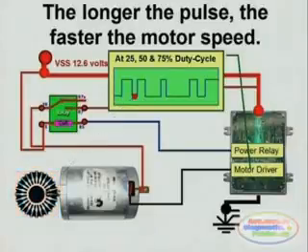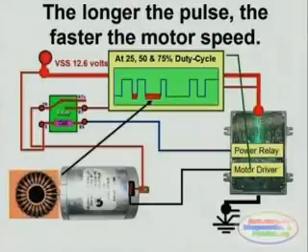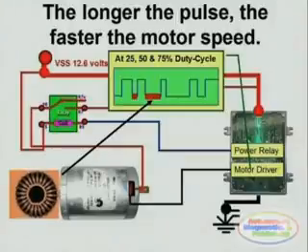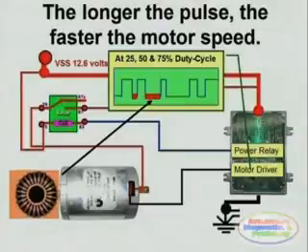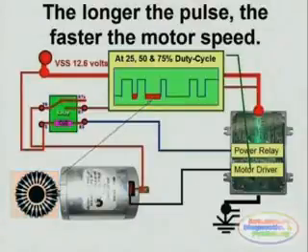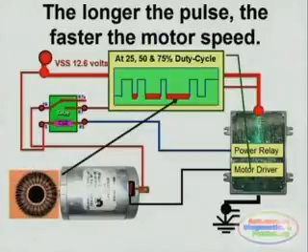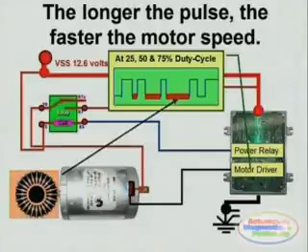Next, we see how the duty cycle increases and the motor turns faster. Remember that this is a repeatable wider pulse, and it is not repeated here in this diagram for sake of explanation. But the longer the pulse, and now we can see that the fuel pump is turning even faster. The longer the pulse, the more work that the component is going to perform.